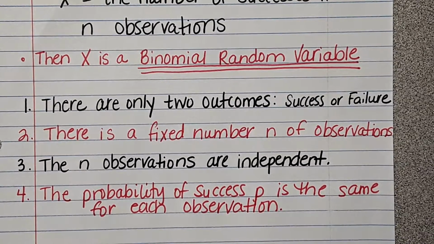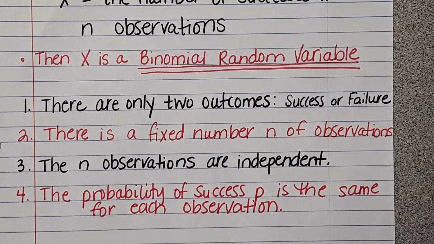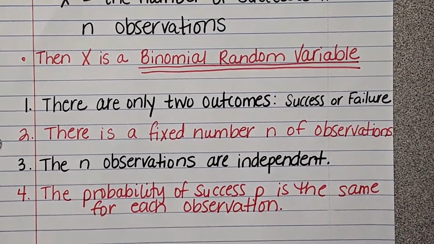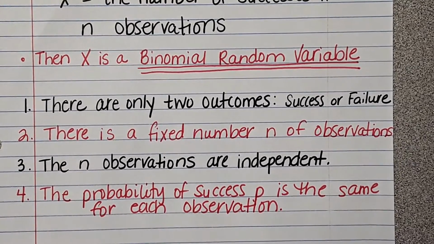So a lot of times they'll give you a scenario and ask, does this scenario fit a binomial distribution? And you have to prove that it does. You have to say, there are only 2 outcomes, and state this is a success, this is the failure. There are 10 observations, there are 20 observations.